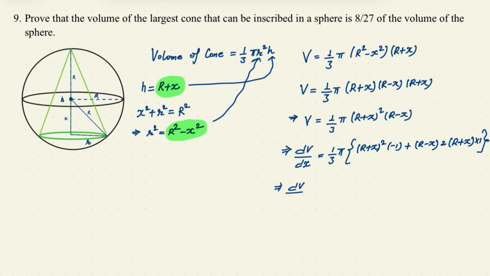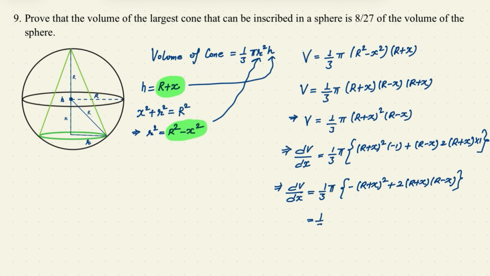So dV over dx equals 1 by 3 pi times minus (R plus x) whole square plus 2 into (R plus x) into (R minus x).